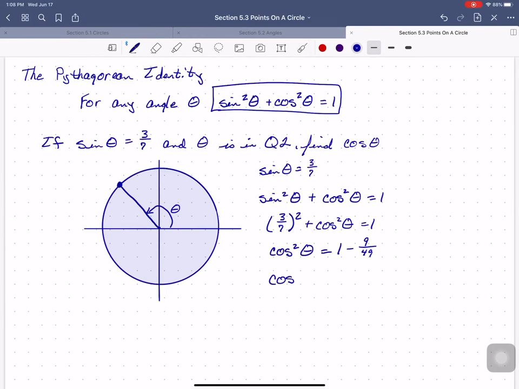So that means that cosine squared theta is 40/49, which means that my cosine is positive or negative, one or the other, square root of 40/49. We want to reduce that down to 2 square root 10/7.